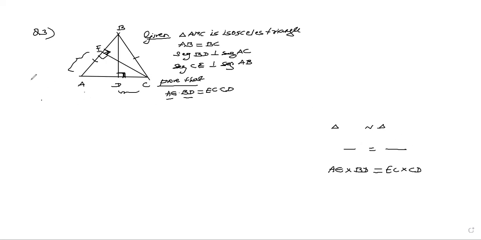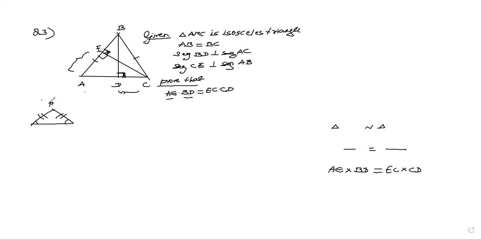So let's have a look at this triangle, children. When you look at these triangles carefully, you can clearly see how we go about. This triangle ABC is an isosceles triangle first. Whenever two sides of a triangle are equal, the non-equal side is called the base, and the base angles are equal.